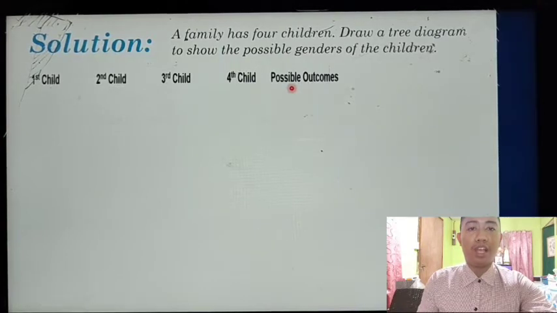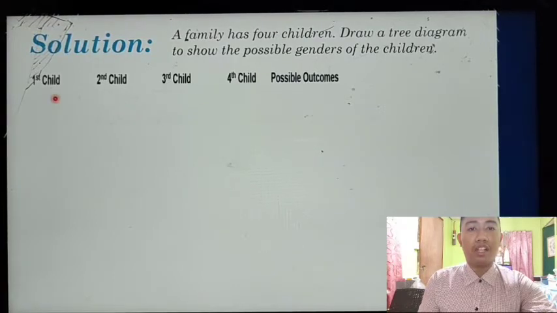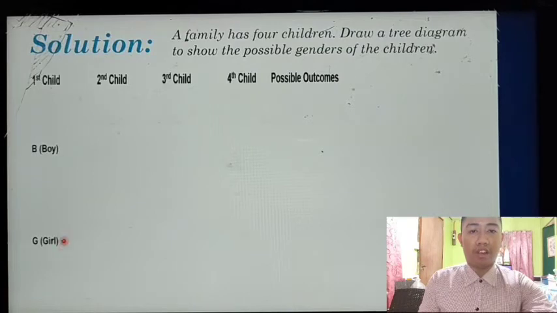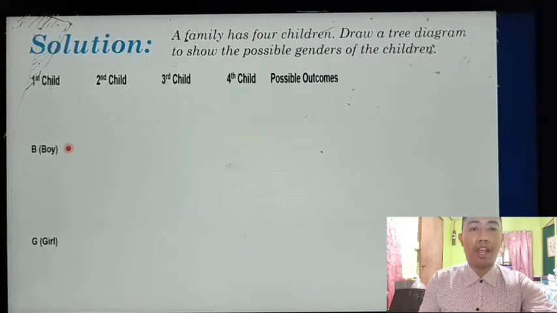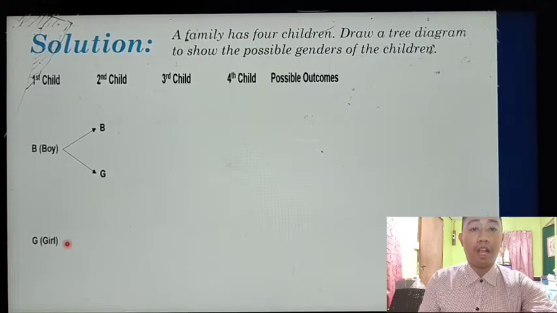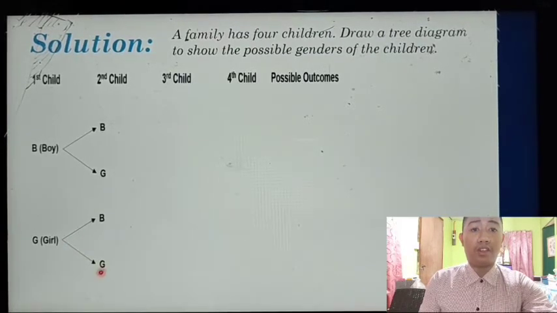How will you make a tree diagram to produce the possible genders among the 4 children? For the first child, we have a boy and a girl. After the first child being a boy, the next could be a boy or a girl also. Same with a girl: it can be a boy or a girl also.